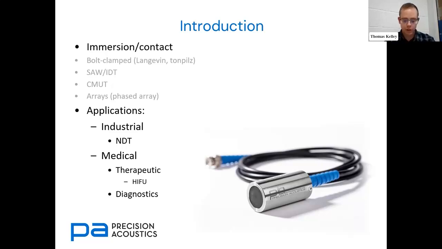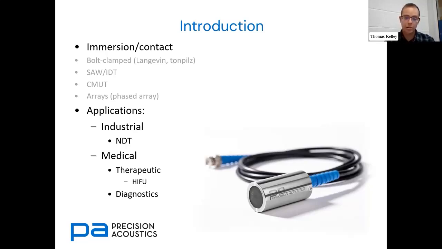So these transducers are quite commonly used in industry. So we might be talking flow meters, liquid level sensors, maybe non-destructive testing, that's NDT, that's the acronym. So defect detection, weld inspection, condition monitoring, those sort of applications. You might also get them in medical applications, diagnostic or therapeutic.